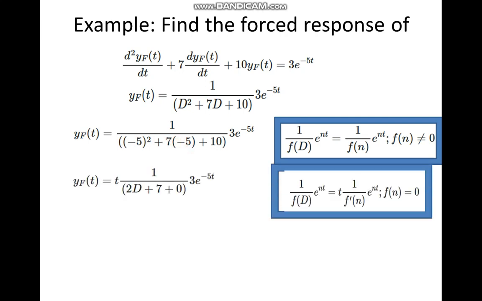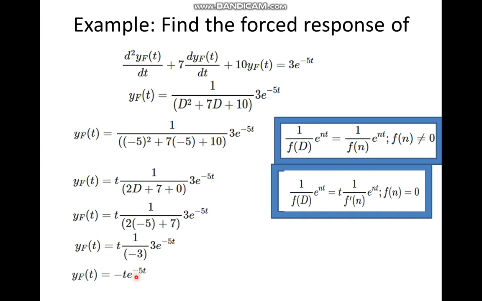We multiply the numerator by t and differentiate the denominator with respect to D. That is, the derivative of D square is 2D, the derivative of 7D is 7, and the derivative of 10 is 0. After taking the derivatives, we replace D with minus 5 and thus we get this solution. On simplifying, we finally get the solution of yf as minus t times e to the power minus 5t.